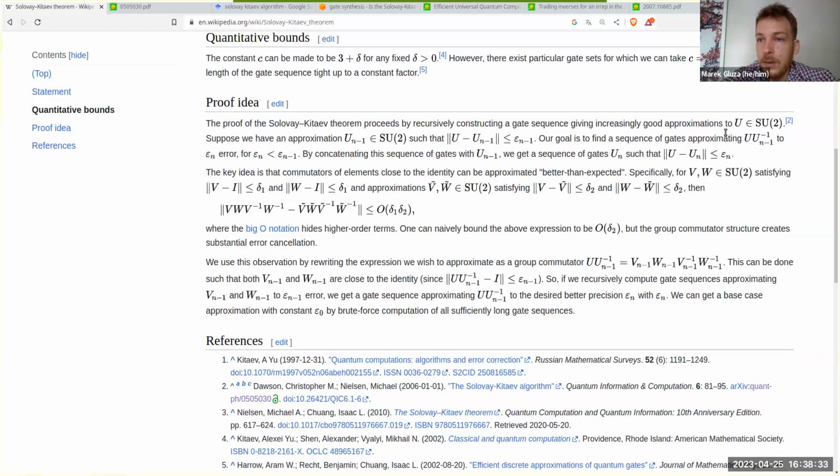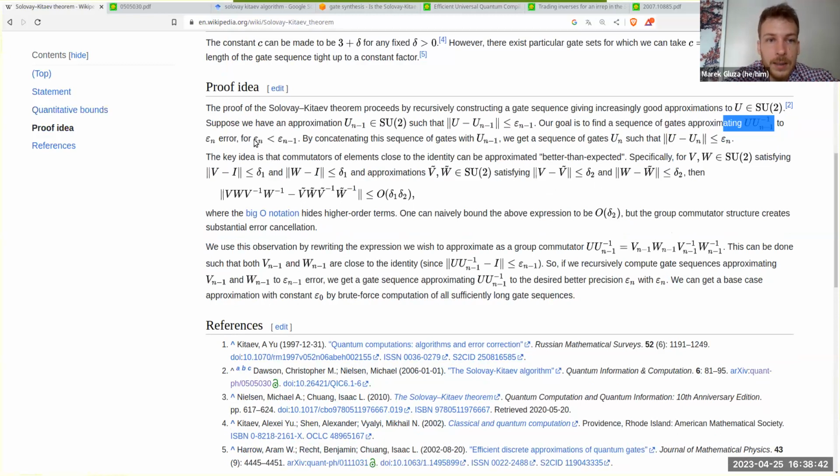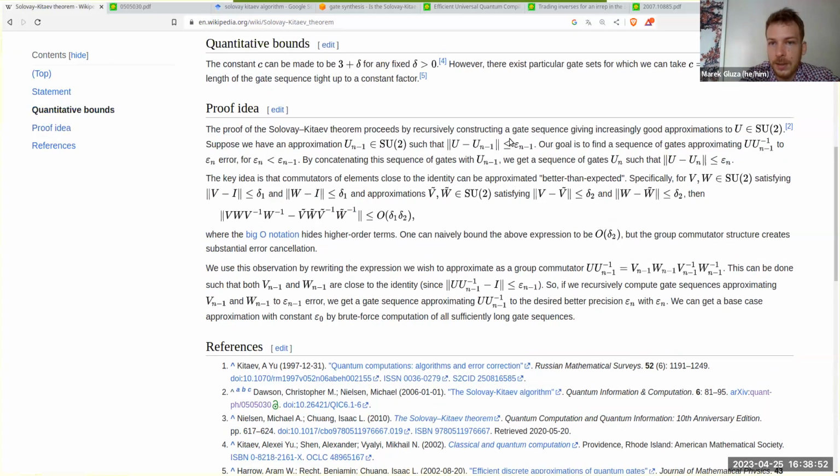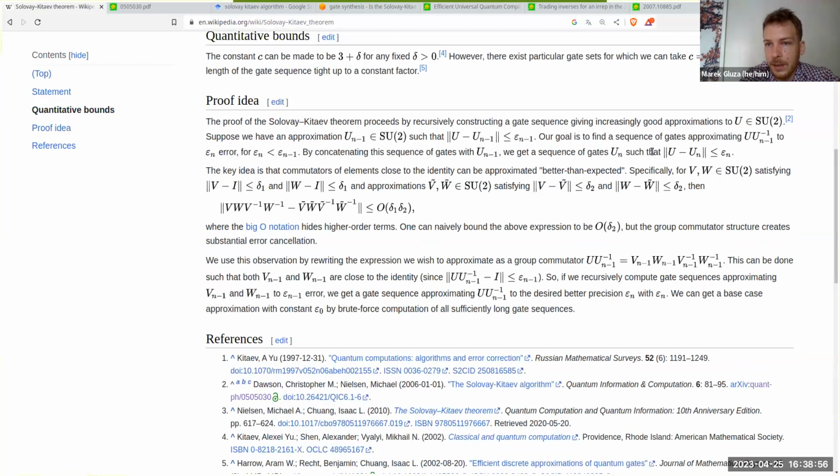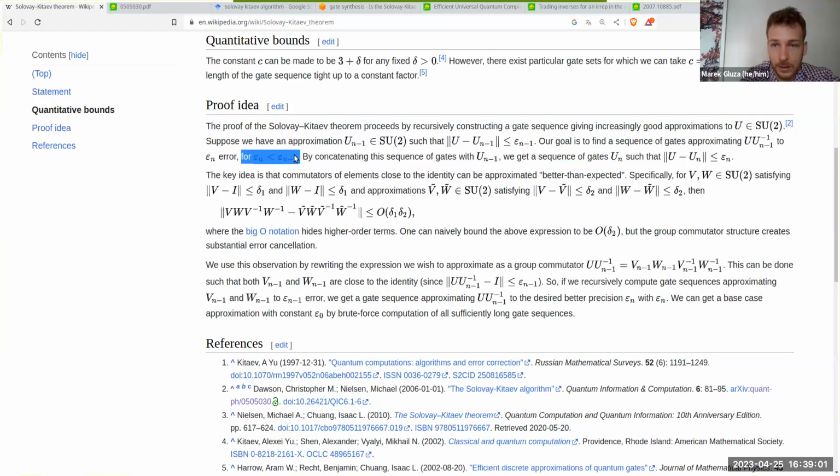Okay, so can we find an approximation to this attempt at inverting U, undoing U? Okay, and then if this new error of approximating that is small enough, you can just undo the whole thing and you get a better approximation to the target unitary. So we get a sequence of new gates, U_n, such that the improvement is whatever gap of improvement we got here.